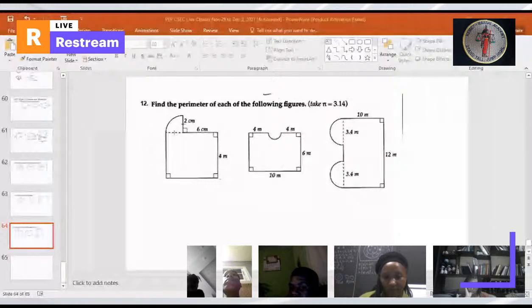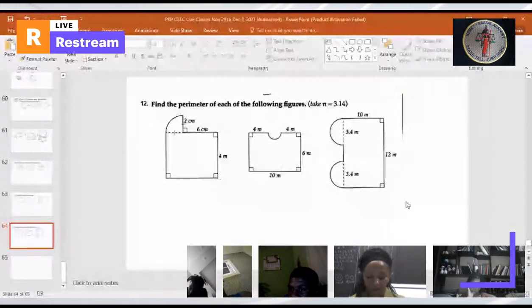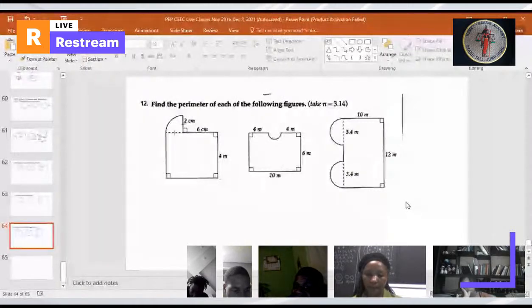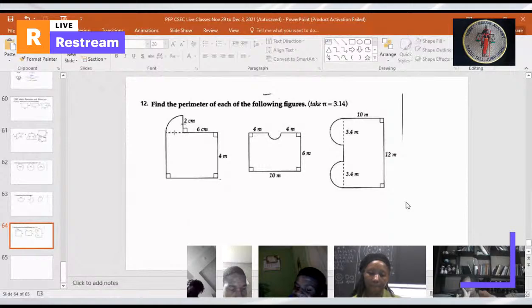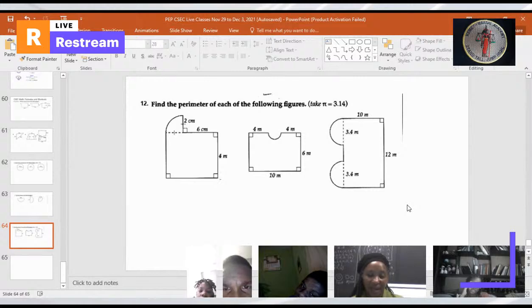The last question. What's the diameter of this shape? Oh, they give us the diameter for the circles. I like how you're thinking.